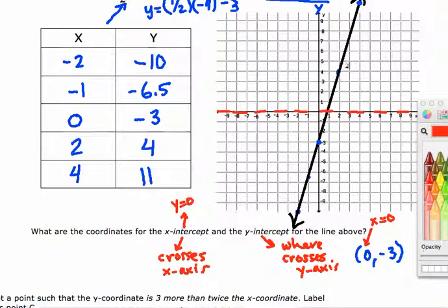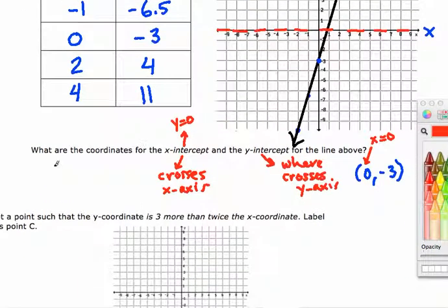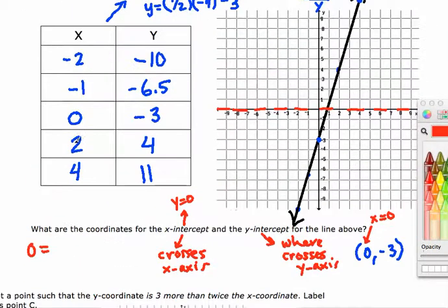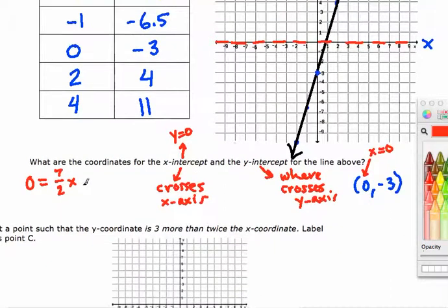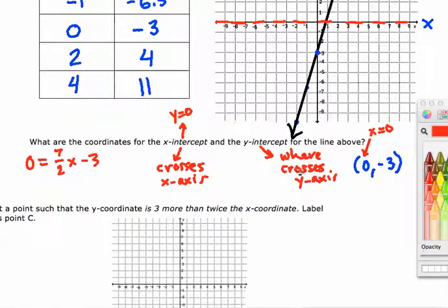So if we want to figure out where this crosses, we just need to plug in 0 for y and solve for x. So we are going to have 0 equals 7/2 x minus 3. Okay, so to solve this, we need to add 3 to both sides. So we'll have 3 equals 7/2 x.